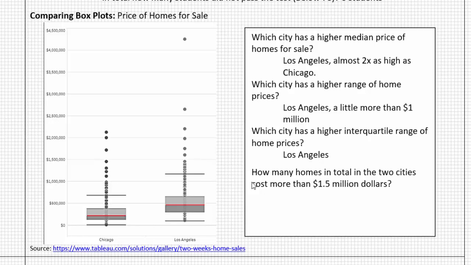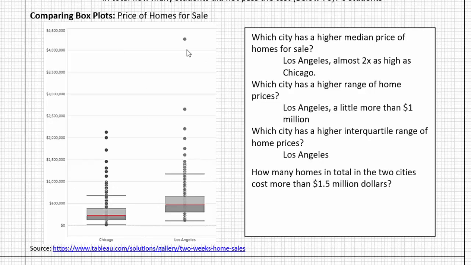Lastly, our question asks, how many homes in total in the two cities cost more than $1.5 million? So that's to draw our attention to the fact that we're actually given all the data points here and we can see them. And so each point here represents a home for sale in one of these two cities.